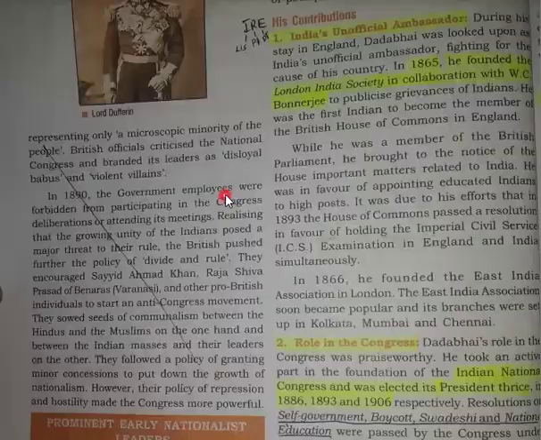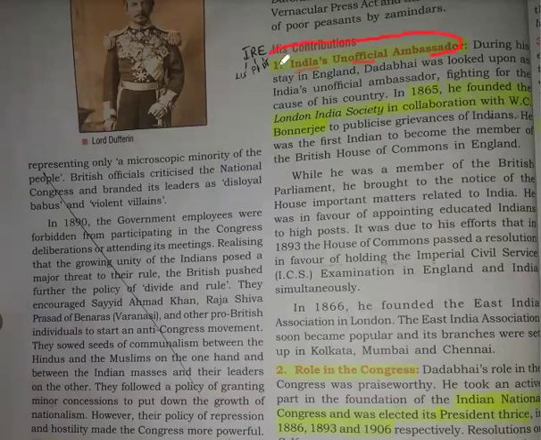So, what are the contributions? The first thing, India's unofficial ambassador. Dadabhai Naoroji, also known as the Grand Old Man of India, was given the title India's unofficial ambassador because in 1865 he founded the London India Society in collaboration with W.C. Banerjee, Umesh Chandra Banerjee.